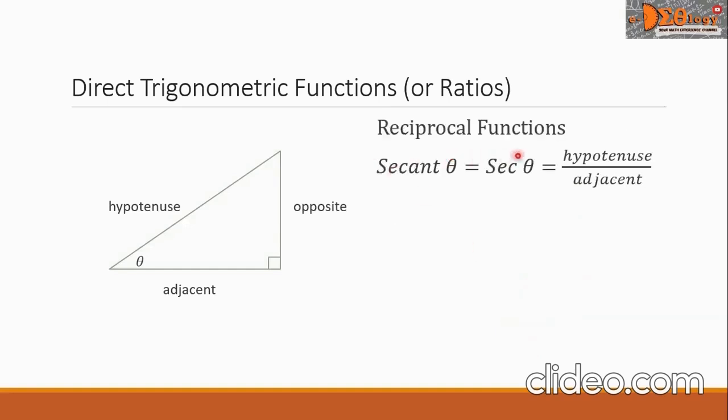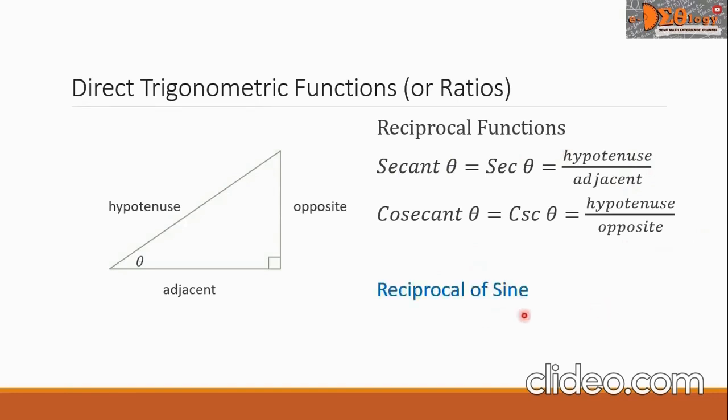We'll go now to reciprocal functions. Let's begin with secant theta with a symbol SEC, and this is the ratio of hypotenuse over the adjacent side. This is called a reciprocal function because this is the reciprocal of cosine. The next function is cosecant theta with a symbol CSC, and the ratio is hypotenuse over opposite side.